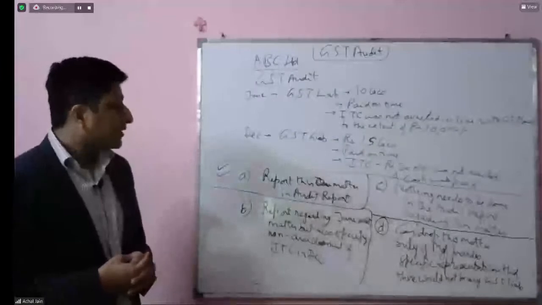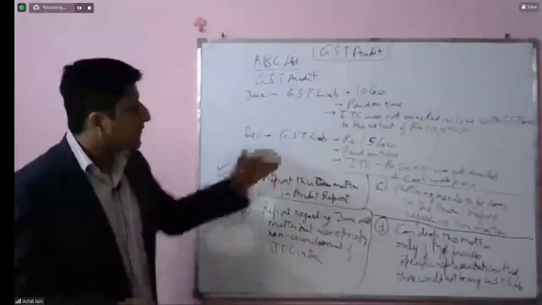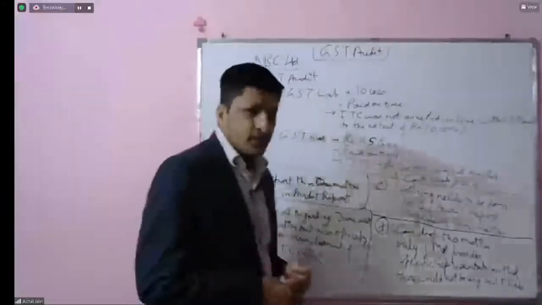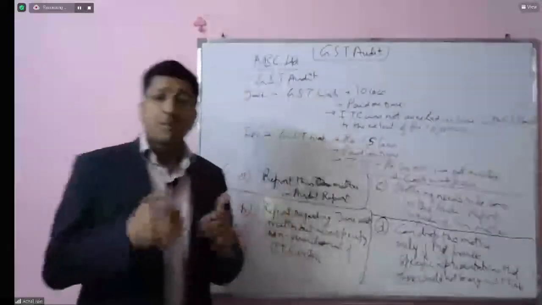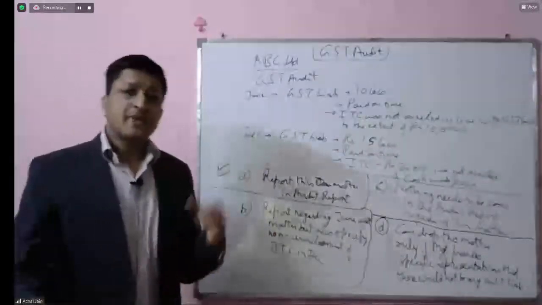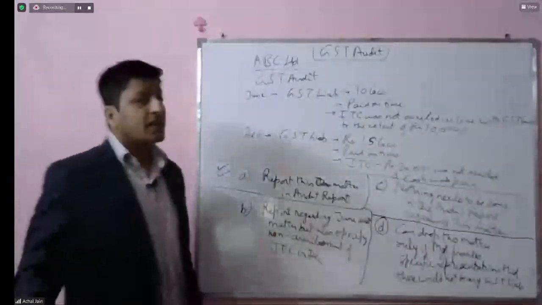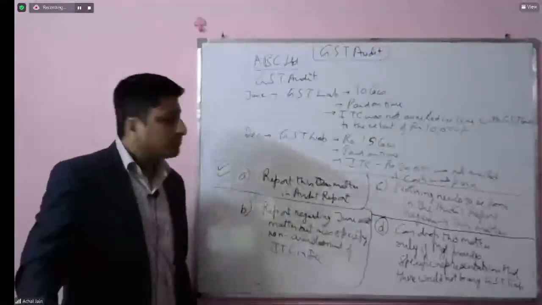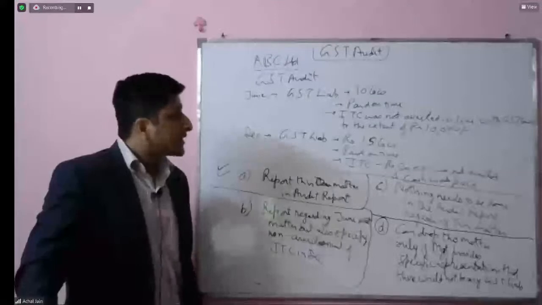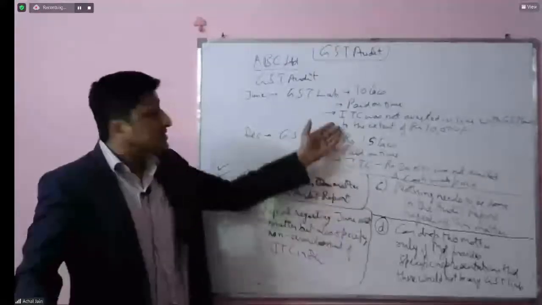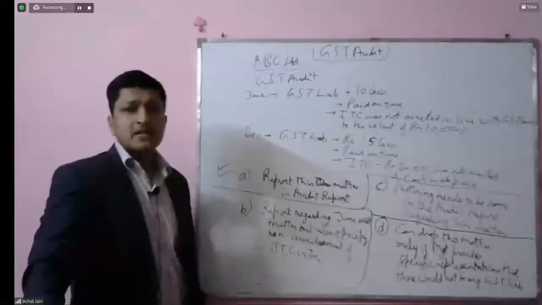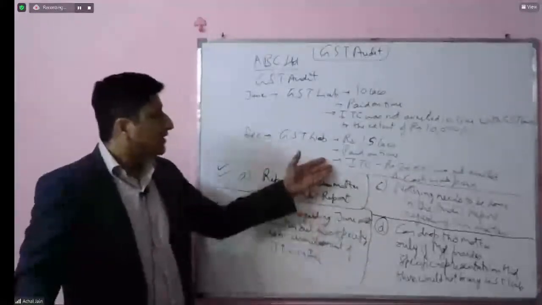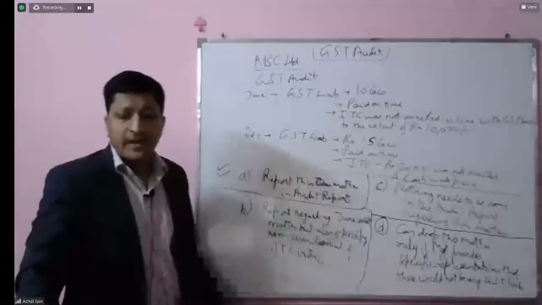If the management says that there is some input tax credit which is available, which was not availed by them, does it really have a bearing on the GST liability of the management because of wrong availment? Not at all. This will not neutralize this impact, because if there is a non-compliance, that will be independent of something which may not have been availed by the management.